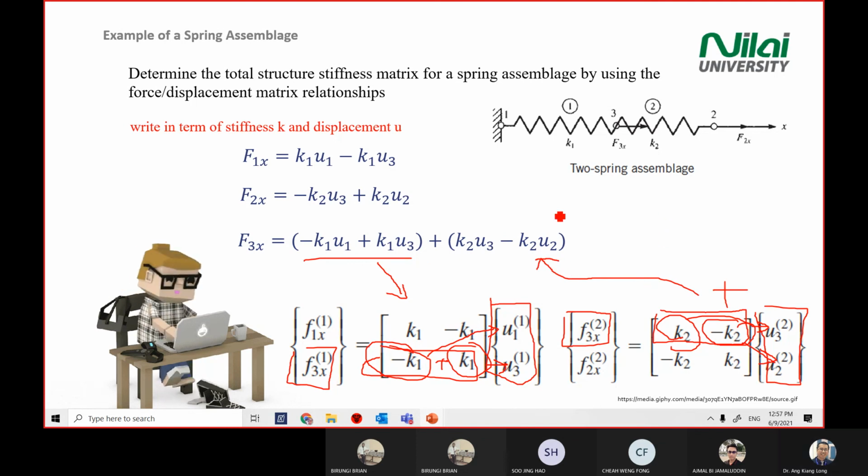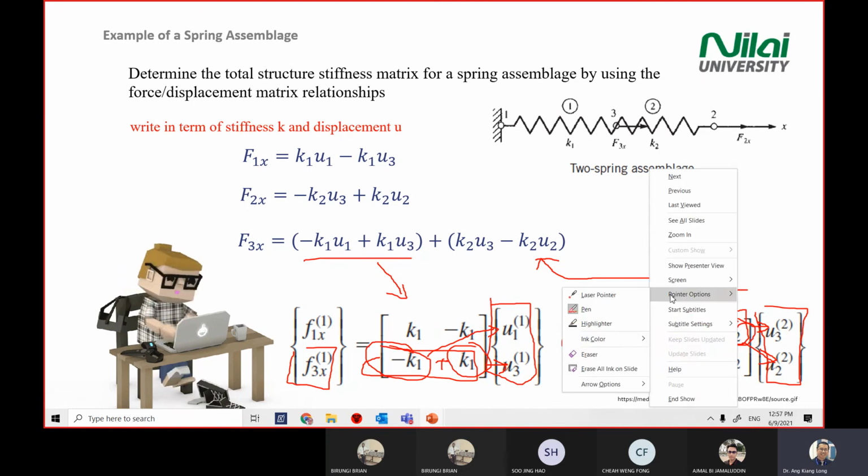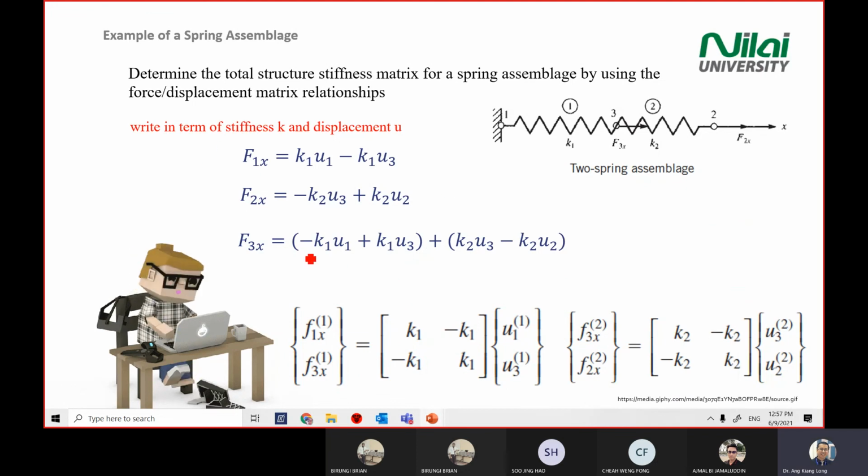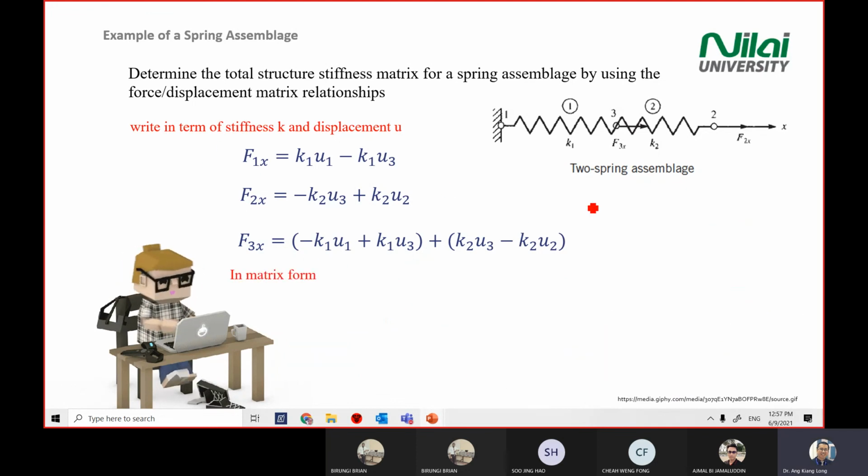Okay, so this is a matrix. How do you extract equations from a matrix? If you don't know, go back to Appendix A that I uploaded already in the Moodle. Go and read. So you have 3 equations there. Now you only need to put them into matrix form.